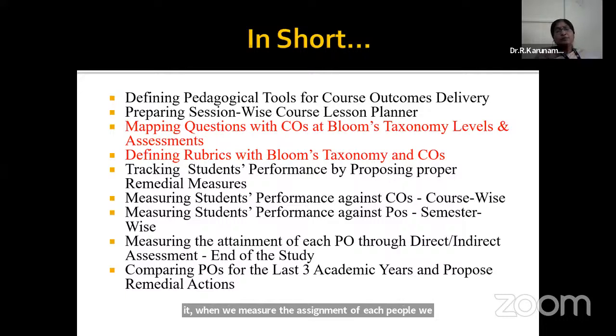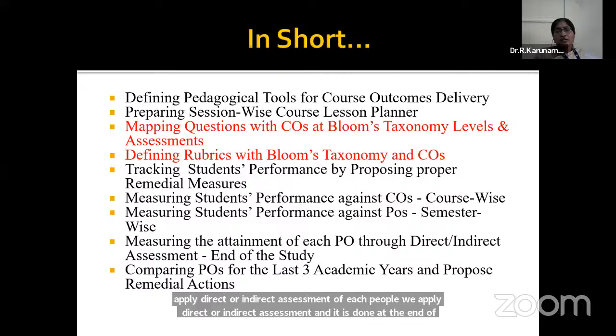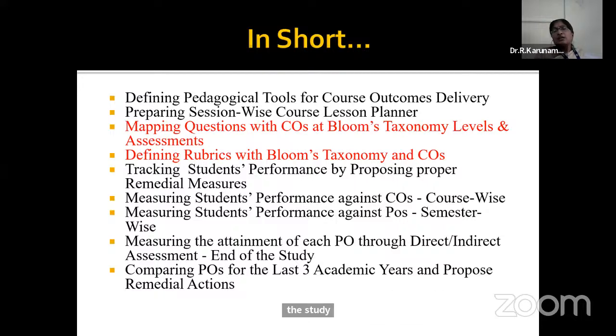So comparing POs for the last 3 academic years helps the institution, the particular department, to propose remedial actions to make the curriculum better. So this is how Bloom's taxonomy comes into outcome-based education to make outcome-based education a successful educational theory or framework.